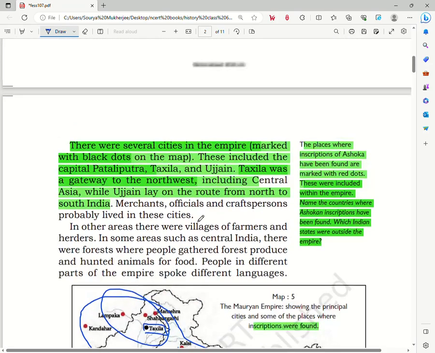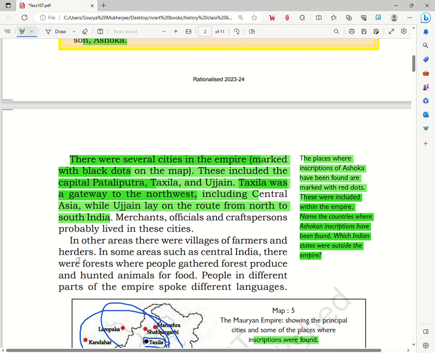So let's continue. In other areas, there were villages of farmers and herders. In some areas of central India, there were forests where people gathered forest produce and hunted animals for food. People in different parts of the empire spoke different languages.